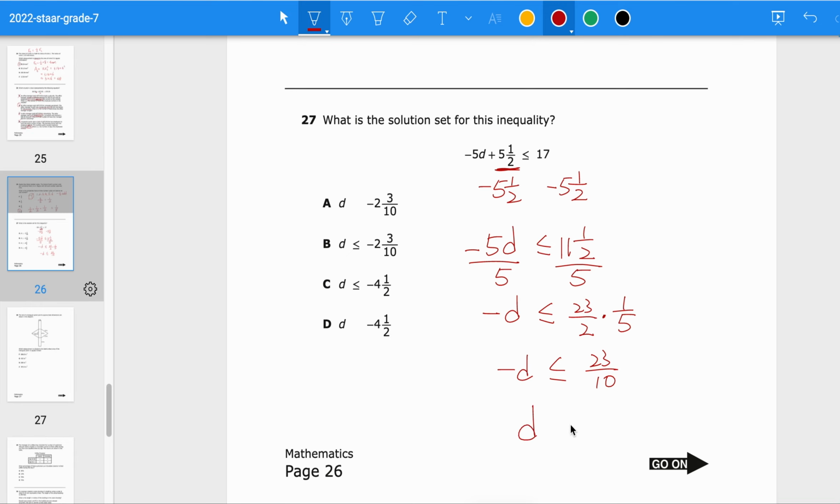Which means d is greater or equal to negative 23 over 10, which is d is greater or equal to negative 2 and 3/10. This is the answer. The printing is missing in this answer, so this is the correct answer.